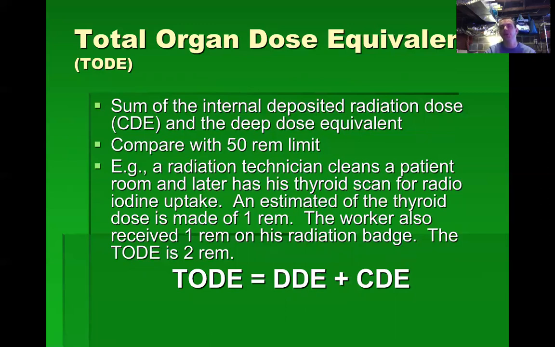Your dosimeter is measuring external radiation. So that DDE, that deep dose equivalent, is essentially what your badge is reading. So if you take what the internal exposure to the specific organ is and combine it with that external exposure that hits your entire body, you can get the total organ dose equivalent. This would be what would be compared against that 50 rem limit.